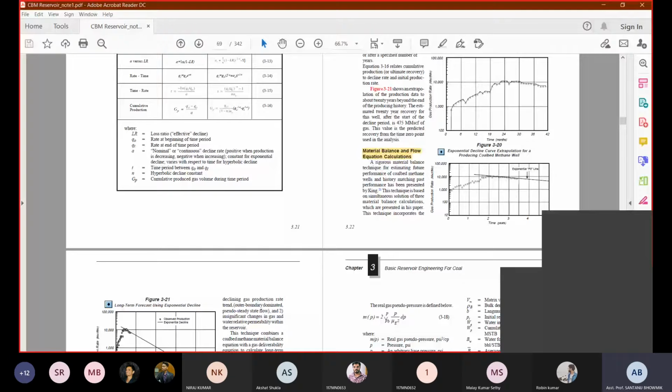Okay, and the gas saturation, water saturation, the relative permeability of the gas and water, these are also changing. So there are many more parameters which are not constant, which are also changing with production because the pressure is changing. Okay, so the material balance equation is going to take care of all those changes.